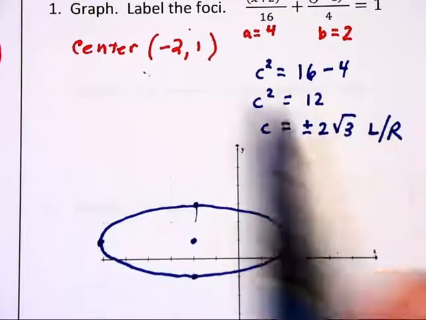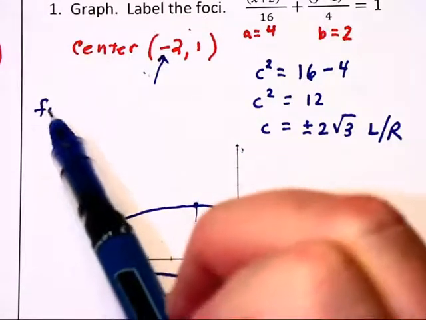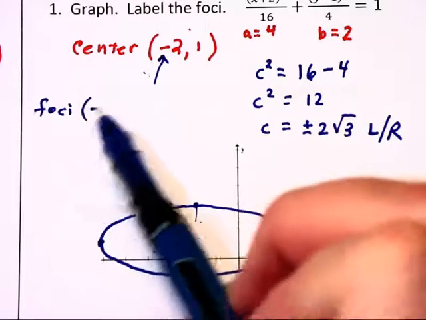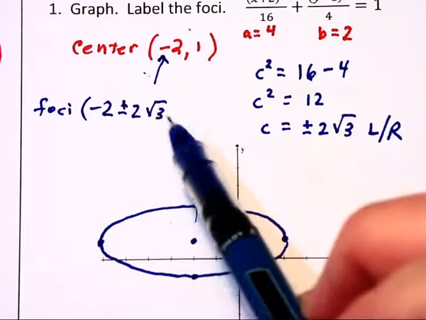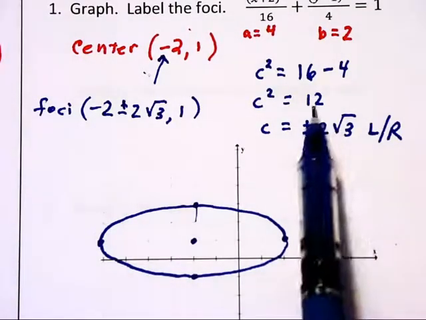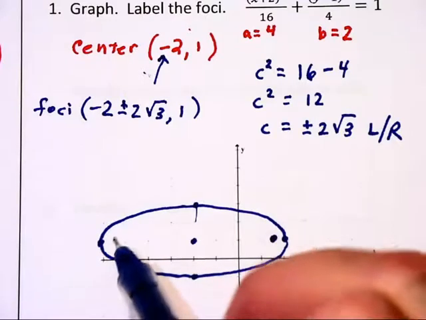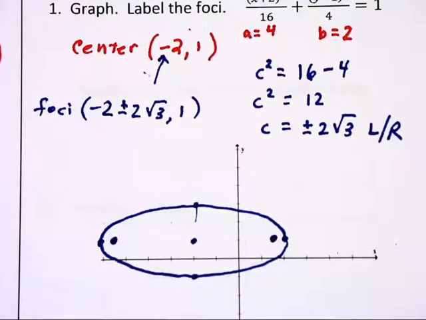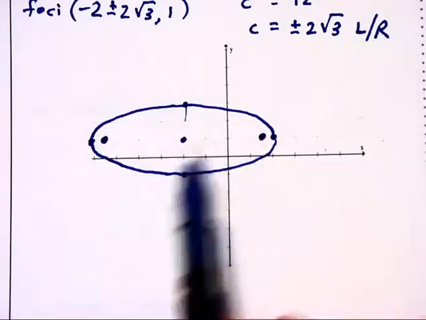Left and right means it's going to affect the x value here, and when we state our foci, that'll be -2 plus or minus 2 root 3, comma 1. Okay, and now the square root of 12, that's 3.5-ish. And so those two foci I'm drawing in now into our graph are pretty much right where I've got them located.